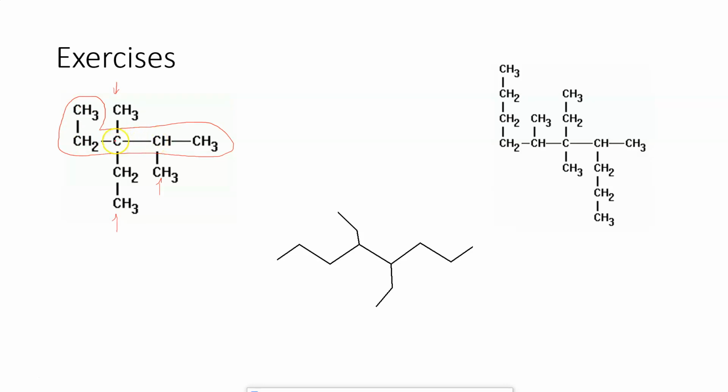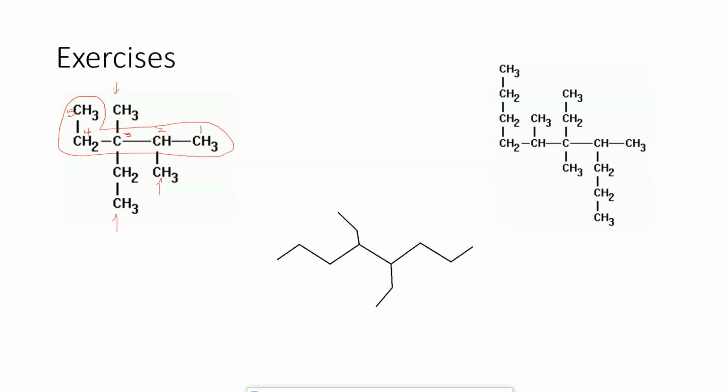So I have attached groups in carbon 3 and carbon 4, right? But if I start counting from this carbon here, then it's 1, 2. That's better, no? 1, 2, 3. So 2, 3 is better than 3, 4, no? So this is gonna be my carbon 1, 2, 3, 4, and 5.